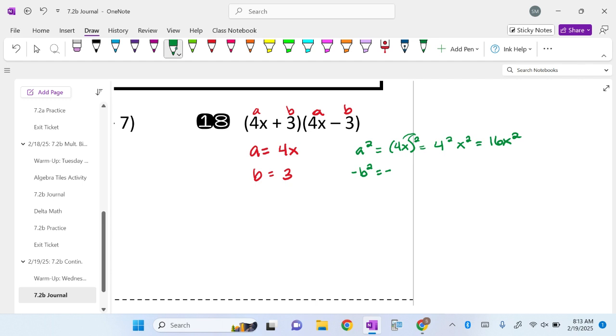Then I'm doing negative on the outside and 3 squared on the inside, so basically 3 squared multiplied by negative 1. What's 3 squared? 9. And multiplied by negative 1 would be negative 9. So if we write it out, we get 16x squared minus 9.